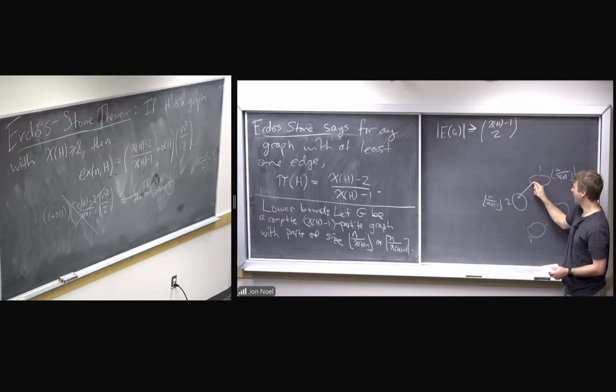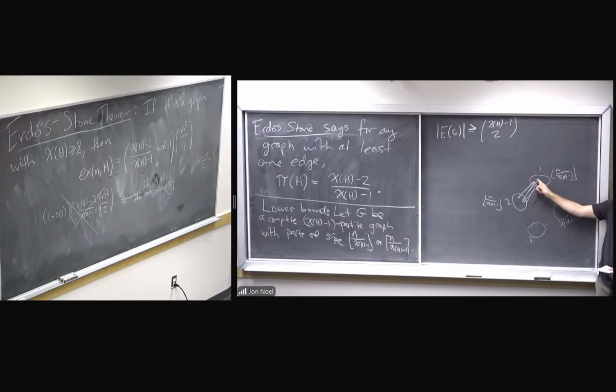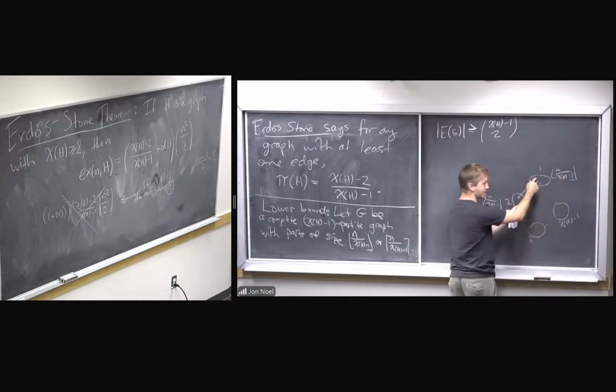How many edges live in there? Take the size of this part times the size of that part, which is that thing squared, right? Because in a complete multipartite graph, you've got all the possible edges.